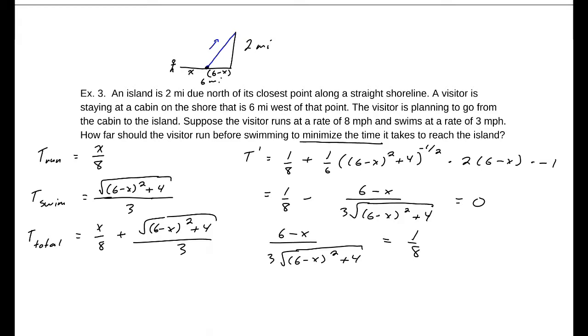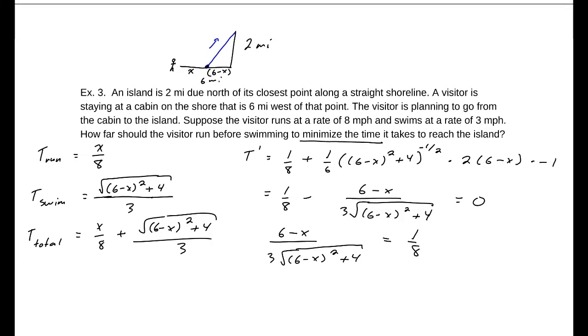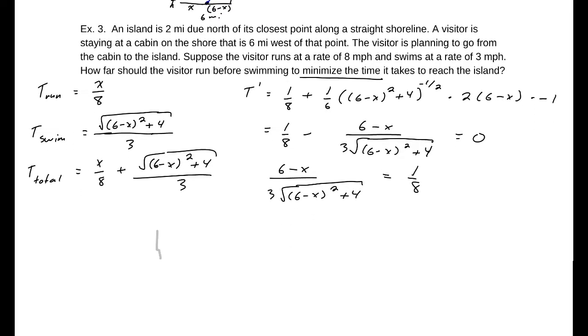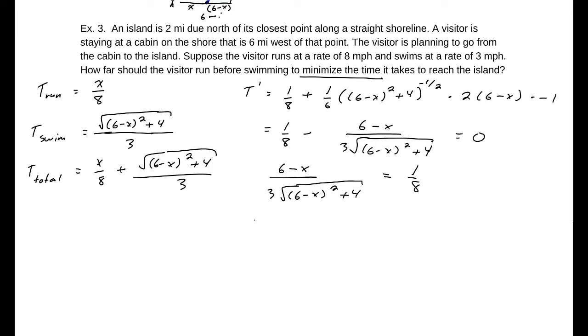Alright, so multiplying that out, we get, let's see, 8 times (6 minus x) equals 3 square root of (6 minus x) squared plus 4. Now you might be curious as to why I'm not multiplying that out, but you see how we have the two 6 minus x terms in there? It's going to be to our advantage to keep the 6 minus x factored out there.